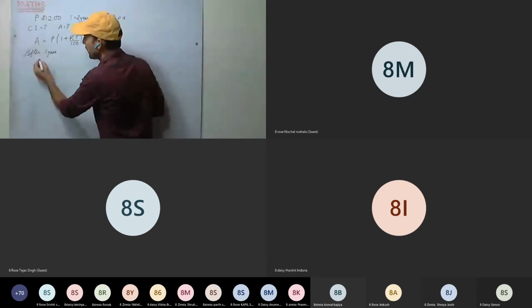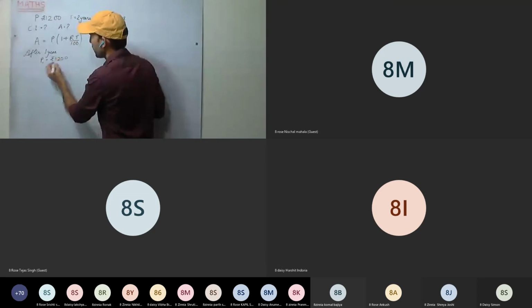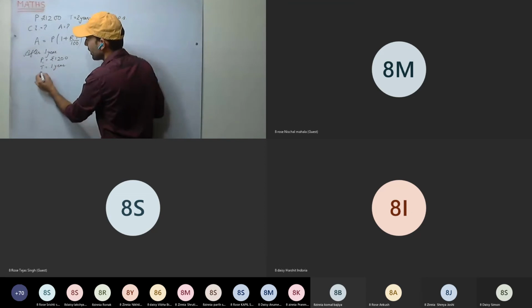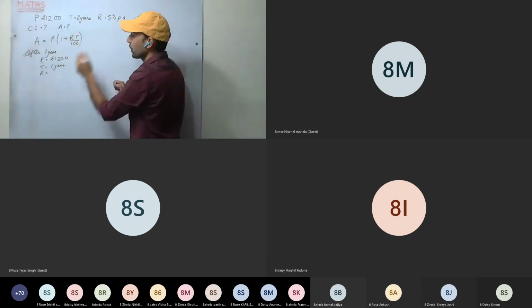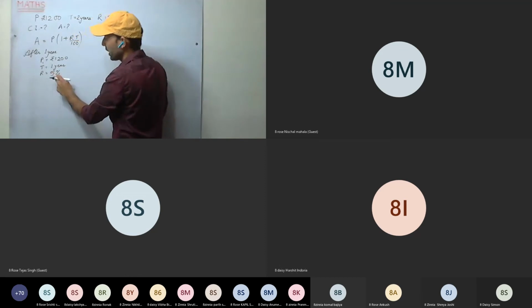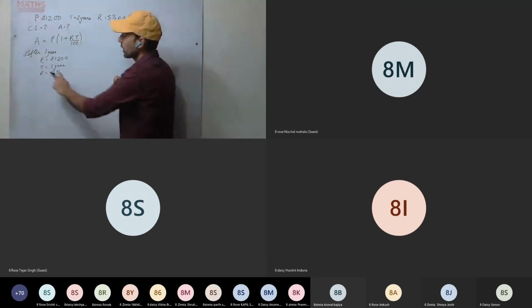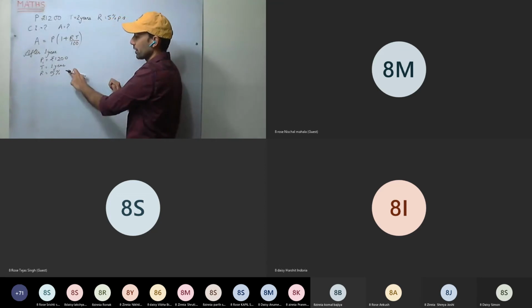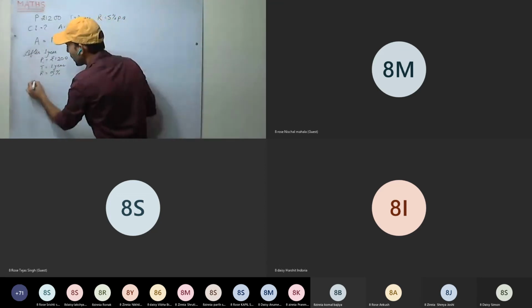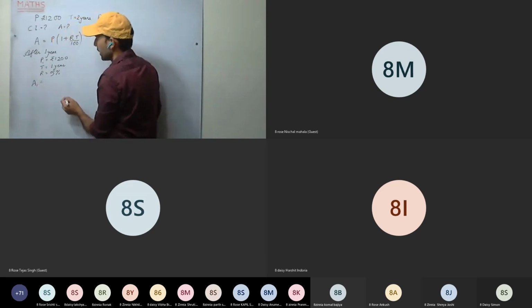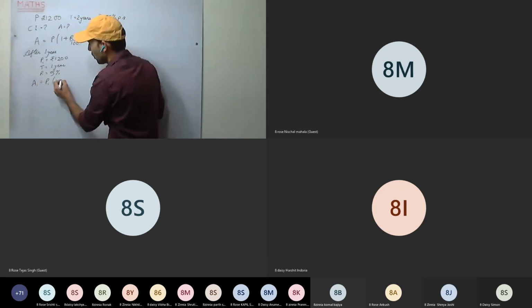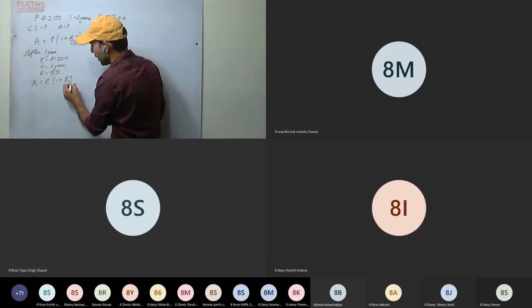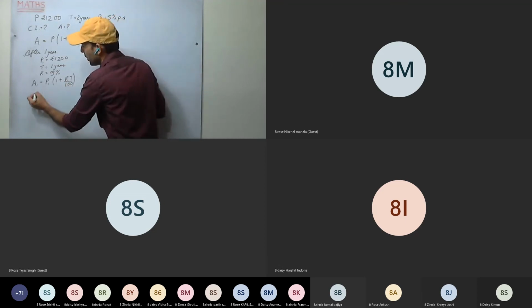after 1 year, so what will we be calculating? P will be taken as rupees 1200. Time will be 1 year. Rate will be 5%, the same for each year. So we are calculating the amount after 1 year: A1 equal to P(1 + RT/100).